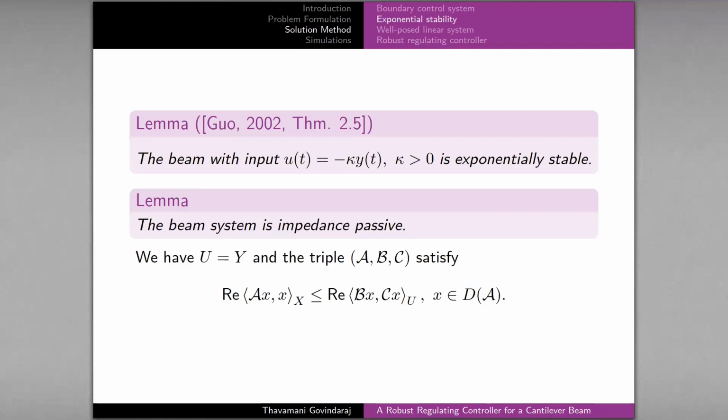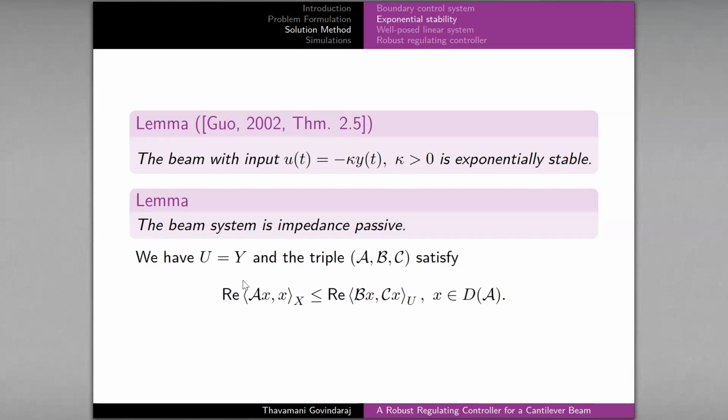So in Guo's result, it is shown that the considered cantilever beam with negative output feedback is exponentially stable. So we can use directly those results to verify the considered cantilever beam is exponentially stabilizable by negative output feedback.